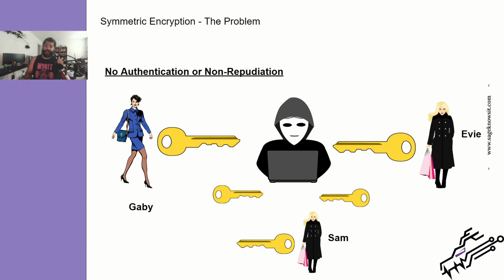And then lastly, the issue with symmetric encryption is that there's no authentication or non-repudiation. So what does that mean? If Gabby wants to send a message over to Evie, there's no true way for Evie to know that Gabby sent that message to her. It could have been sent by a threat actor who compromised the key.